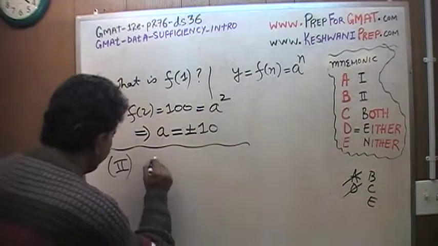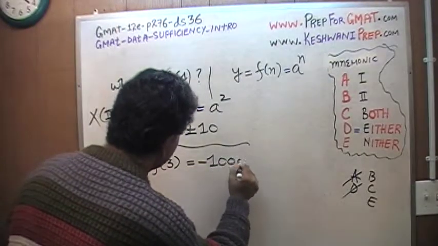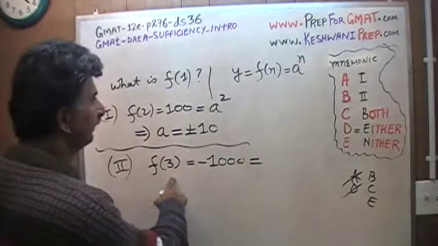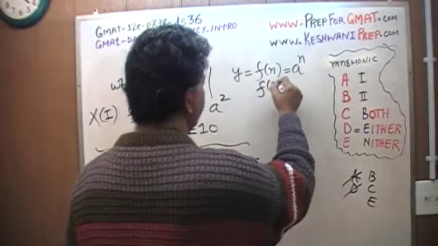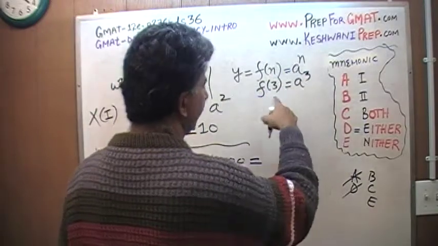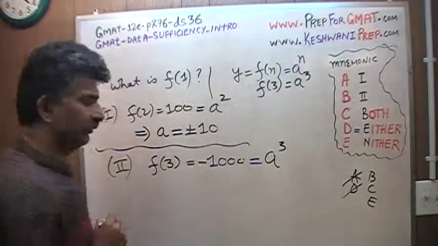F of 3 equals negative 1000. Now we're going someplace. We know that f of 3 would be a raised to 3. We replace the n with 3, n equals 3. So a raised to 3 equals negative 1000.